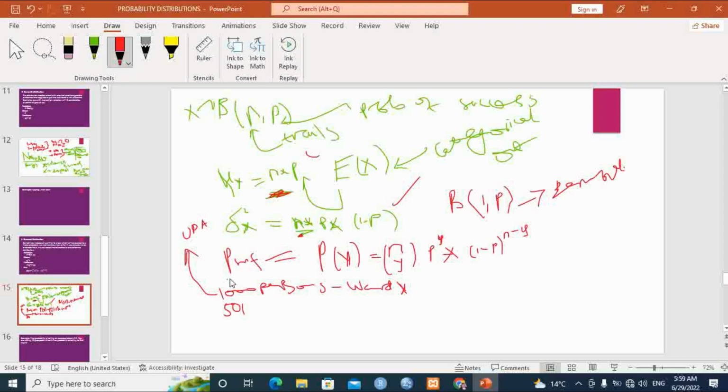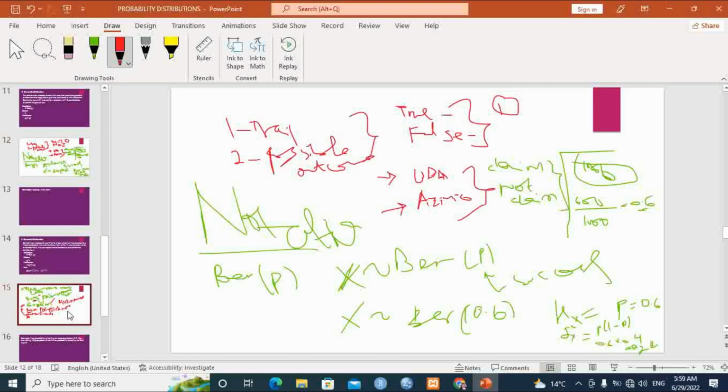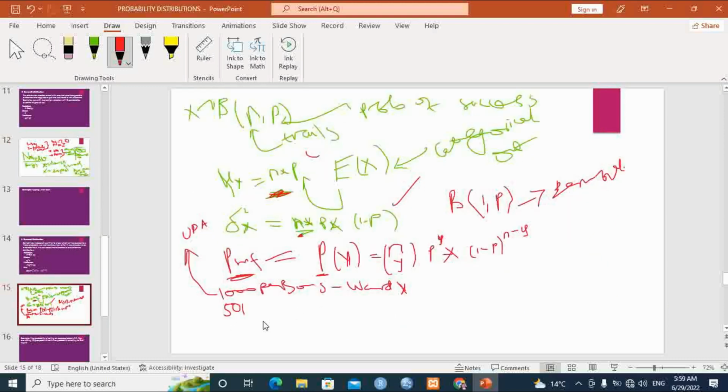So we are going to use the probability mass function. You have already calculated the probability of success and we got it at 0.6. So here, how can you calculate this? We say the probability of Y, number of voters, equal to 501, is equal to, out of 1,000 people, select 501, and this is a combinatorics problem that we have already covered.